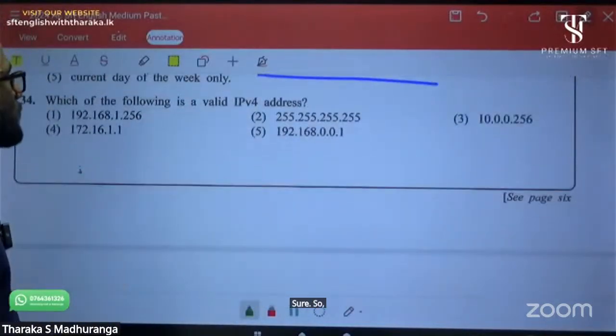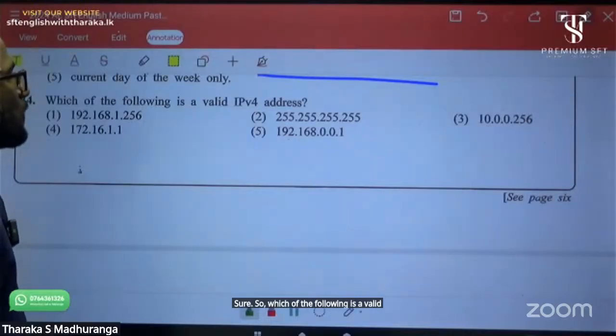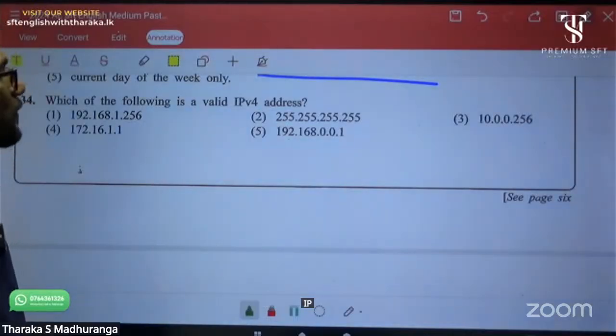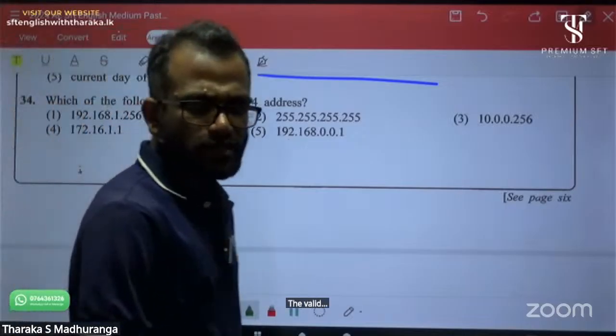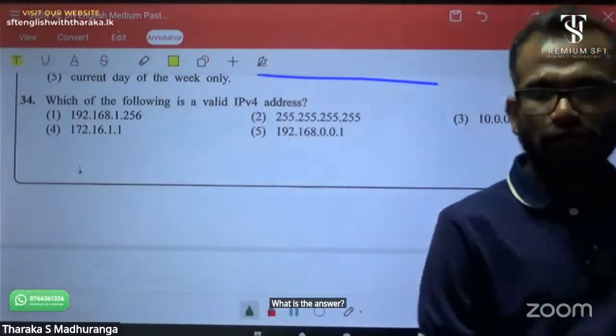Which of the following is a valid IPv4 address? Okay, what do you think? What is the answer? Valid IPv4 address.